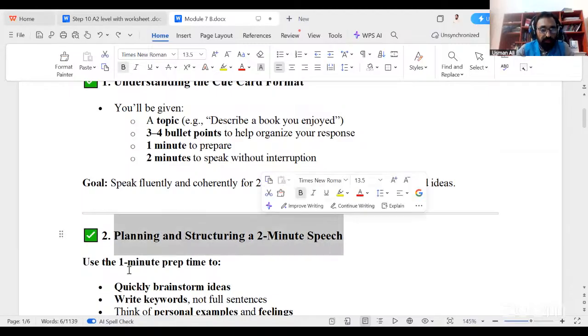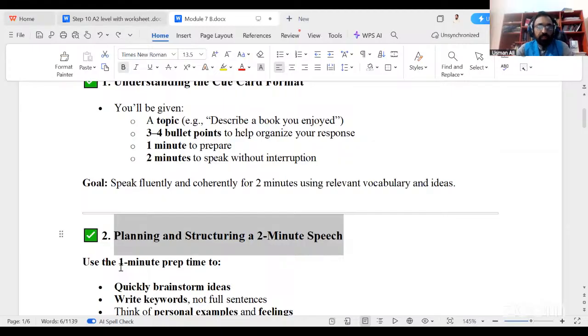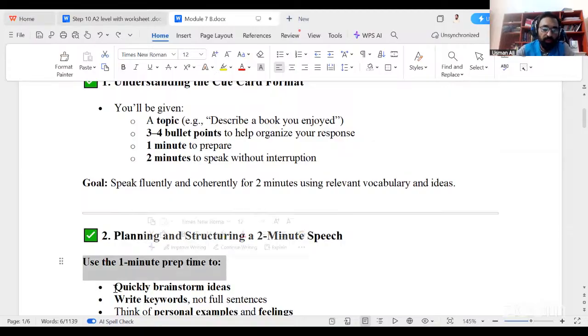Use the 1 minute preparation time. What will you do in that minute? You will be given 1 minute for preparation. Use it to, number one, quickly brainstorm your ideas.